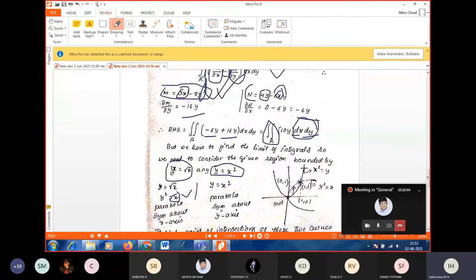Symmetric means both sides should be the same about the y-axis.